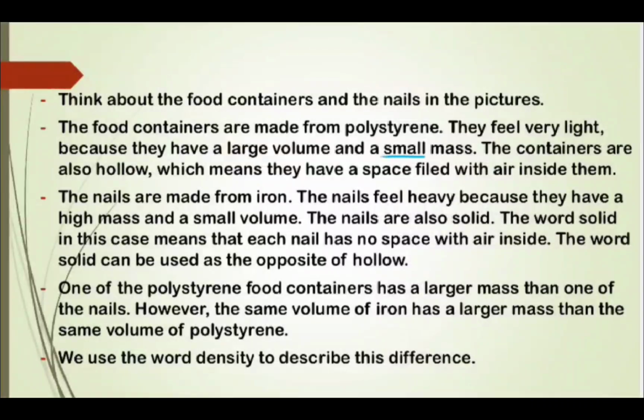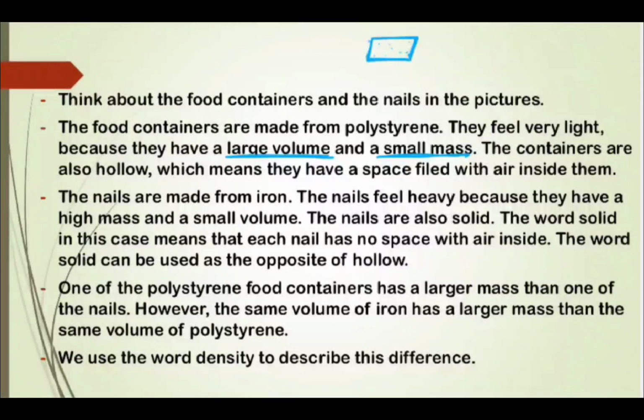That means it has a smaller mass. If the mass is smaller, the density will also be smaller, because the volume will be larger. In a unit cube, the number of particles are quite less.